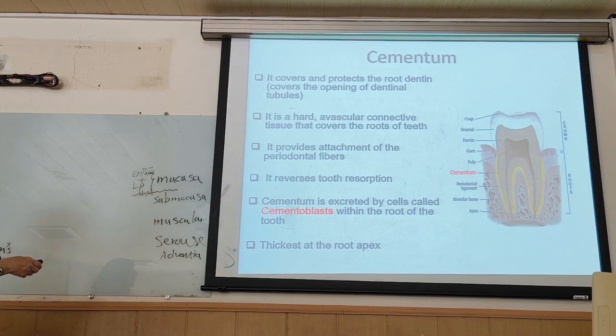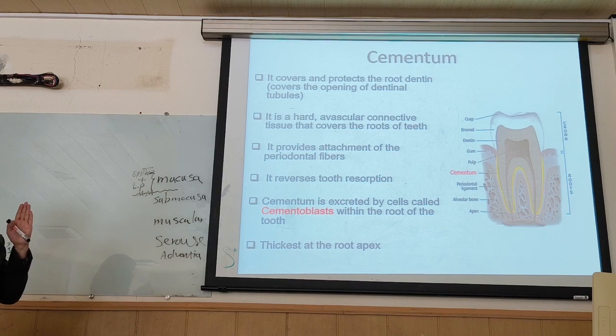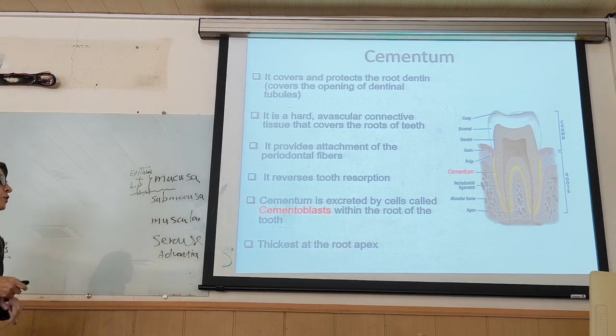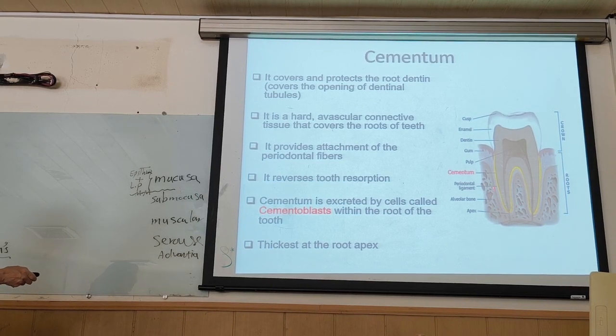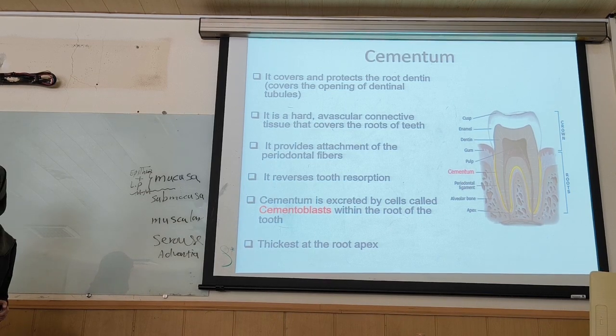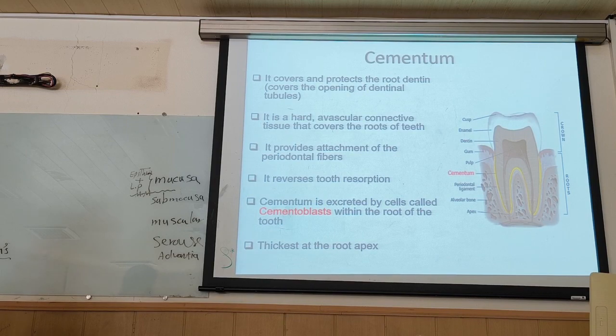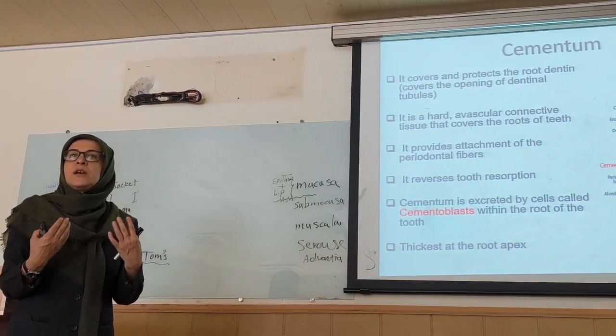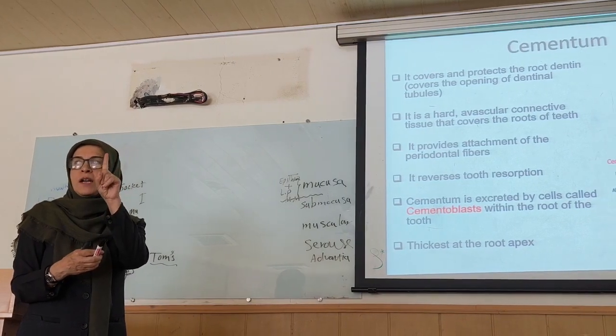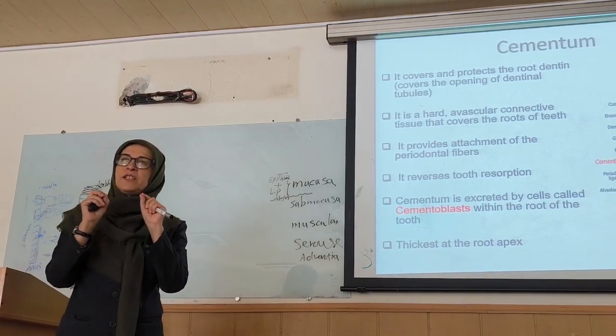The cementum that I explained covers the teeth in the root, in the outermost layer, and is produced by the cementoblast cells. Outside of it there is the PDL or periodontal ligament, which is a type of dense connective tissue, including collagen fibers type 1 located in different directions.